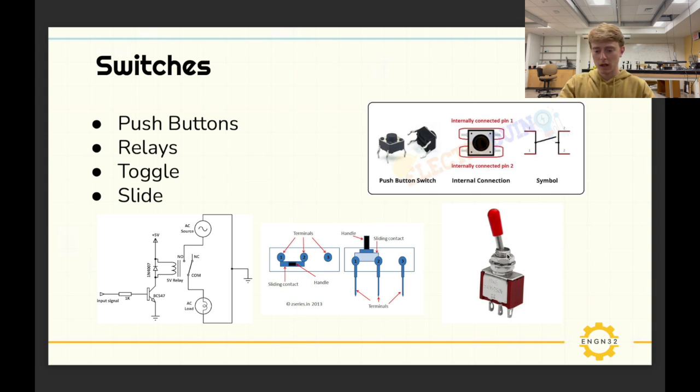When it's configured like this, these 2 pins are connected together, and when you flip it the other way, these 2 pins are connected together. Slide, also very simple. I have these terminals and I slide this contact across them to complete the circuit. So there's a variety of ways to complete circuits. That's all we're talking about here.